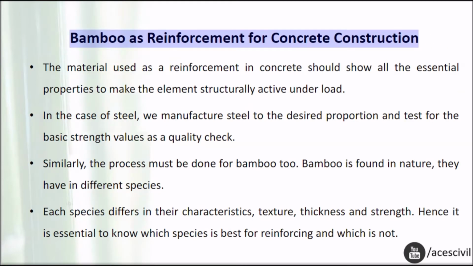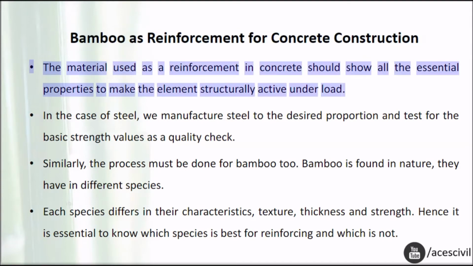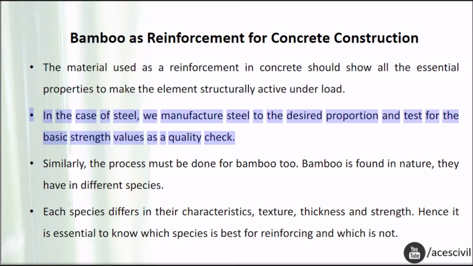Bamboo as reinforcement for concrete construction. The material used as reinforcement in concrete should show all the essential properties to make the element structurally active under load. In the case of steel, we manufacture steel to the desired proportion and test for the basic strength values as a quality check.